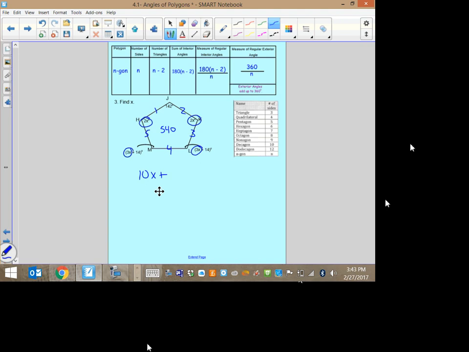So we'll get 142 plus 28, we'll get plus 170 equals 540. And then we can combine to get 10x equals 370 divided by 10. We get x to be 37. So note that the sum of all of those, kind of like we were doing in triangles before, but the sum has to be 540 instead of 180.